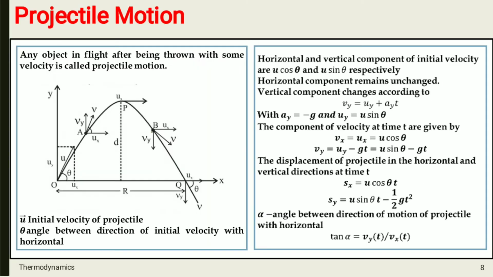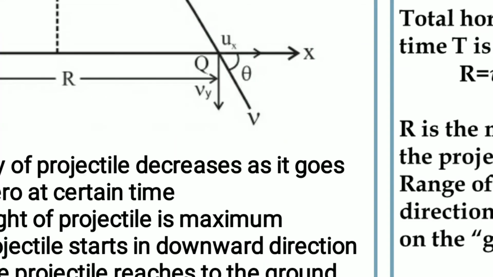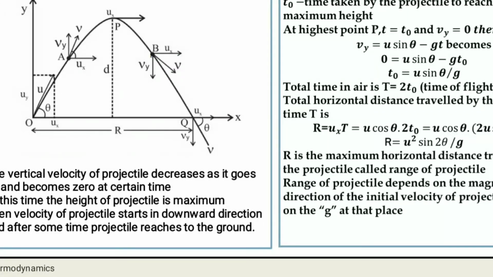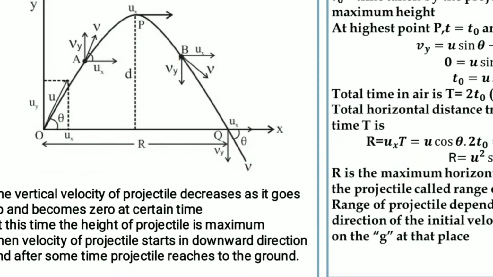Okay, so the next thing which we are going to discuss is what? As I have told you earlier, the vertical velocity of the projectile decreases as it goes up and becomes zero at a certain point, at a certain time. At this time the height of the projectile is maximum.